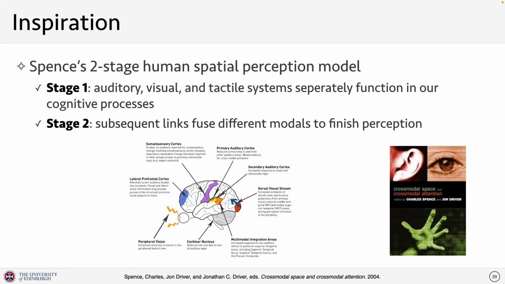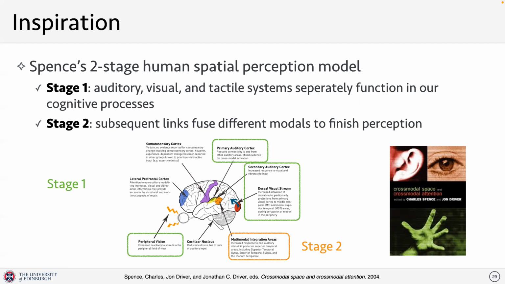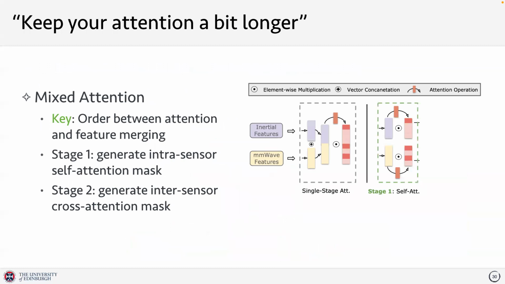In his theory, in the first stage, our auditory, visual, and tactile systems function separately in cognitive recognition, without interleaving or interfering with each other. Only in stage two does another part of our brain do the fusion job, fusing the different modalities after processing together to finish the whole pipeline. Of course, this is a very high-level explanation of that book, but it doesn't affect our design.